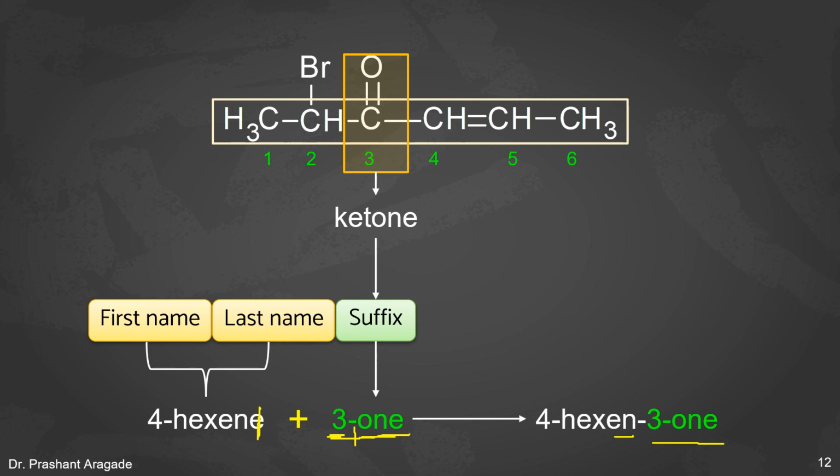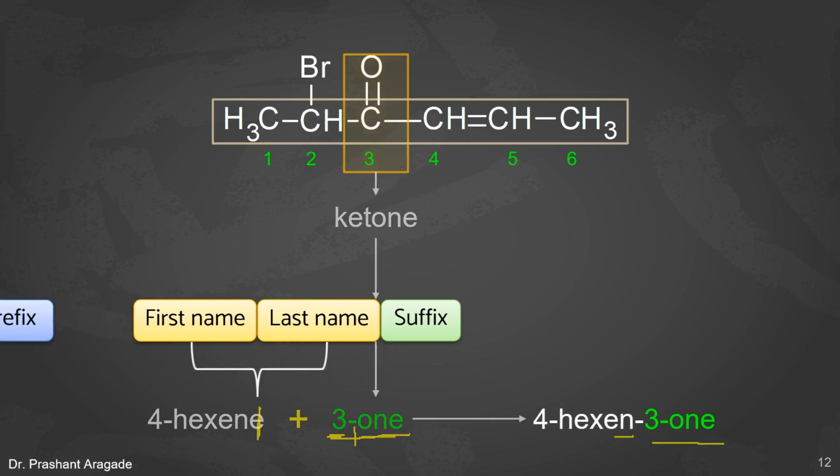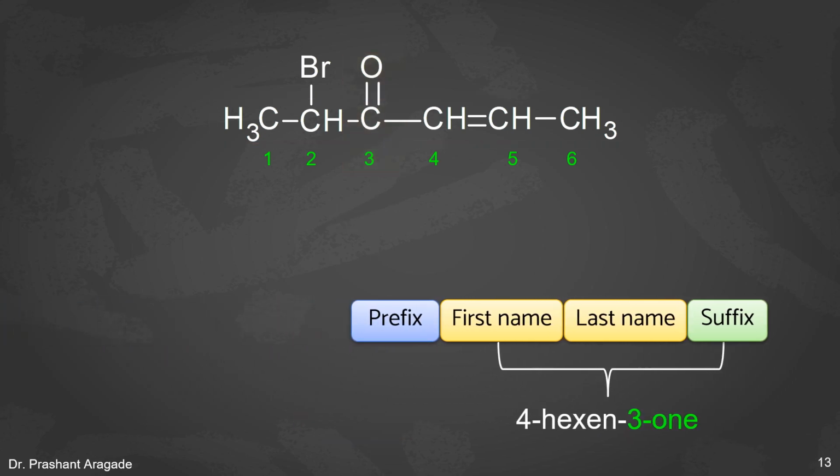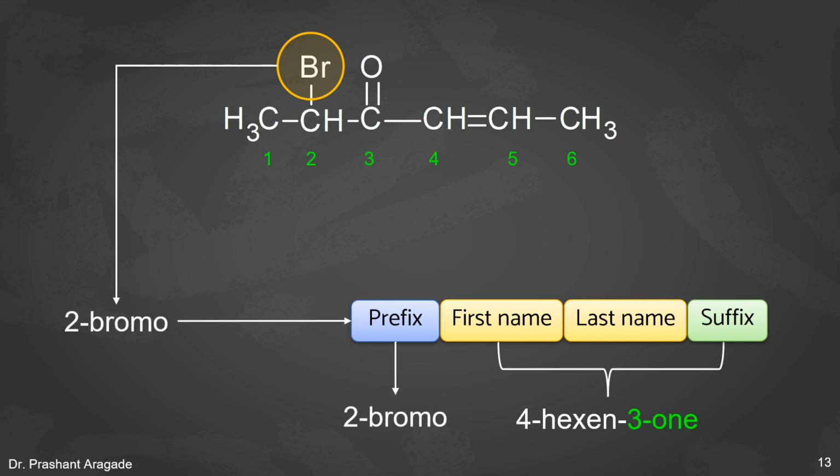So we have added first name, last name and suffix. So what's remaining? Yes, prefix is remaining. So prefix is used for the substituents. So identify the substituents. So here substituent is 2-bromo. So you have to add the position number and name of substituents onto the parent name.